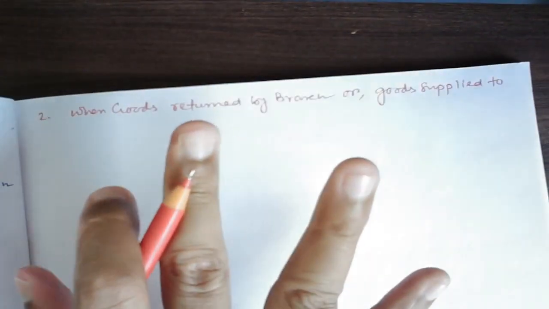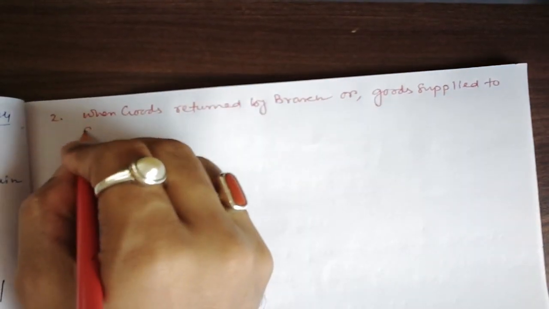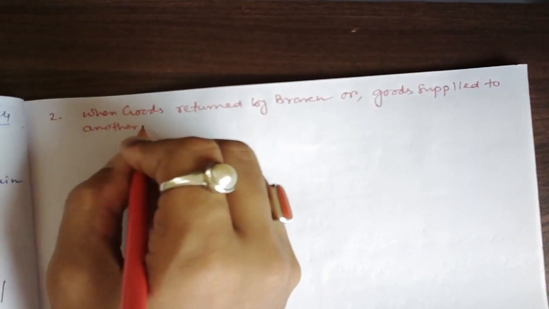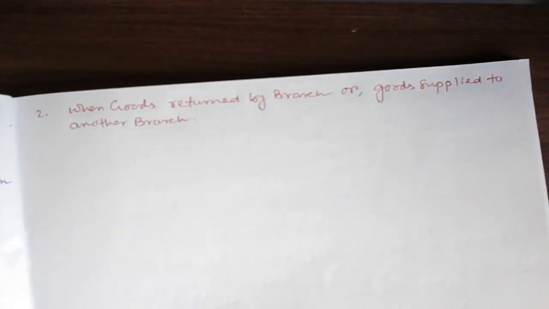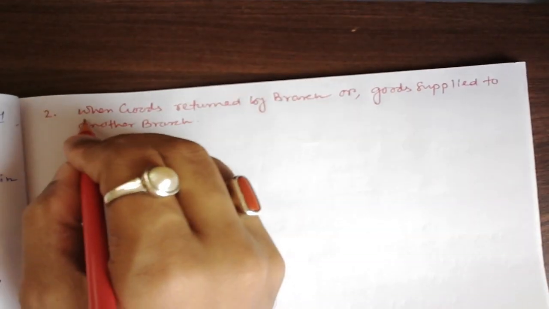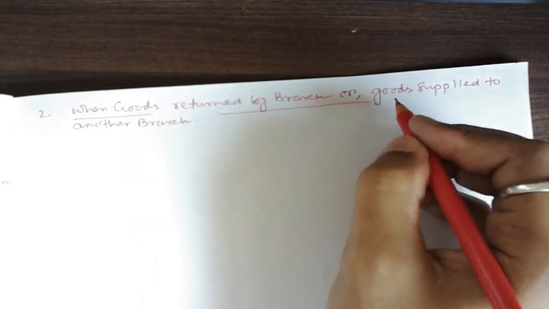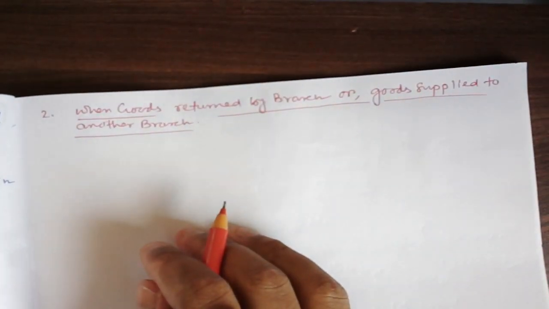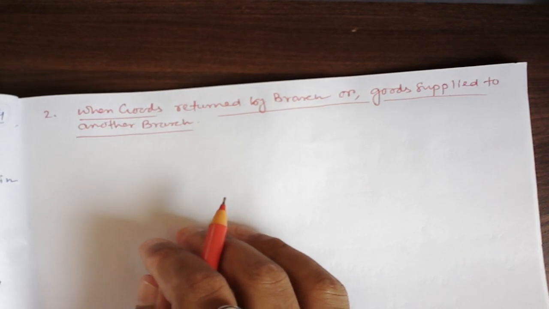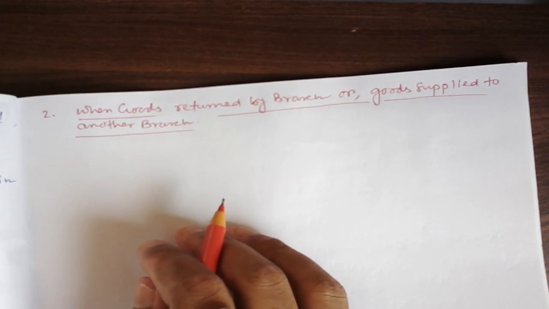It means there are two branches, let's say A and B. Head office sends goods to branch A, and branch A supplies the goods to branch B, like that. Then this will happen.